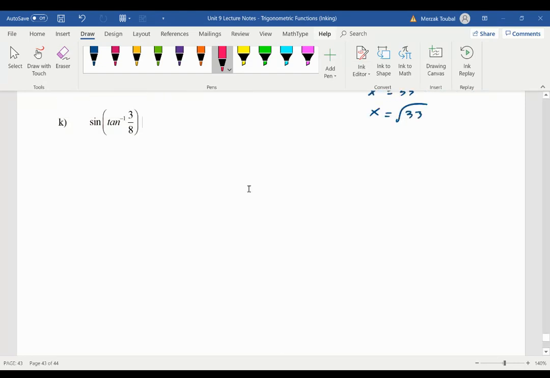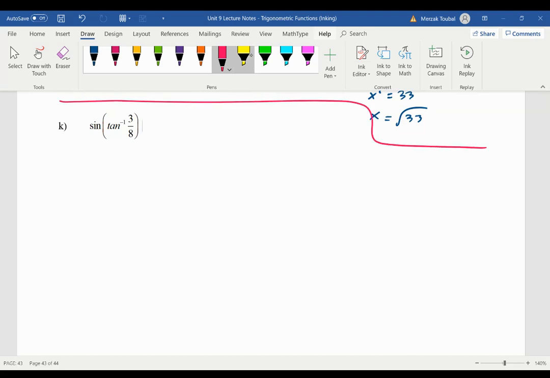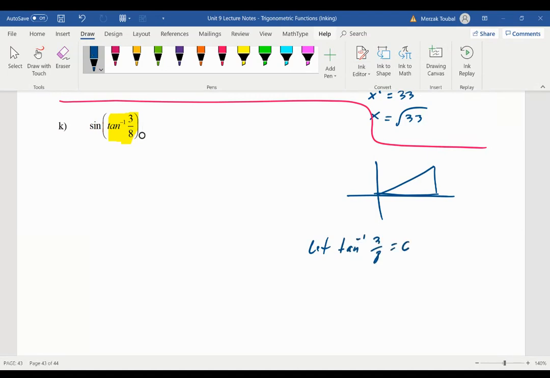Last example. Same idea. Tangent inverse of 3 over 8. Let tangent inverse of 3 over 8 equal some angle theta.